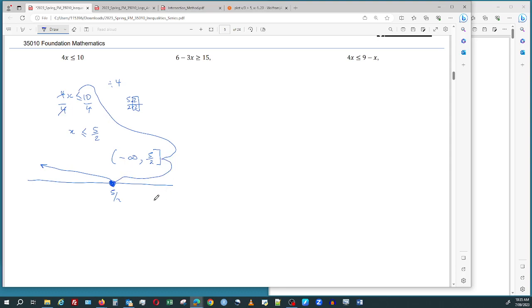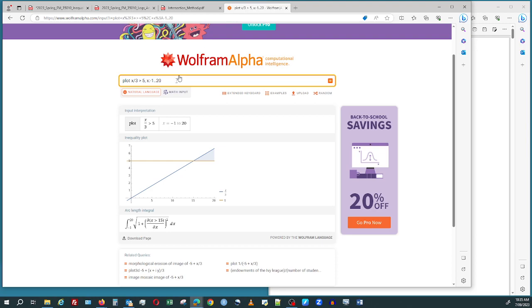Okay. All right. What about the geometric interpretation? Well, 4x is fairly steep, and less than or equal to 10. This time 10 would be up here, so that would mean everything less than. So use your Wrk1, get your practice, get used to it.